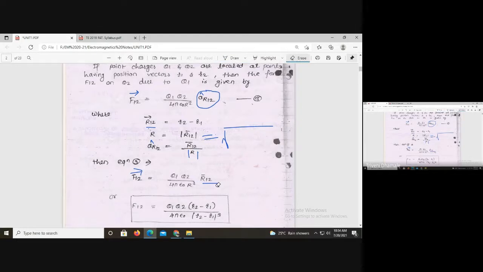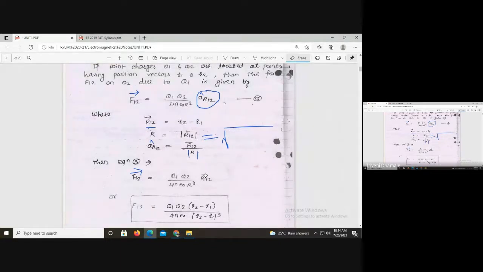Now this simple R is not a vector quantity. This is only a scalar quantity, the magnitude of the vector, located in the denominator. That magnitude, capital R, is a scalar quantity. It is not a vector quantity. This R12 bar is a vector quantity.